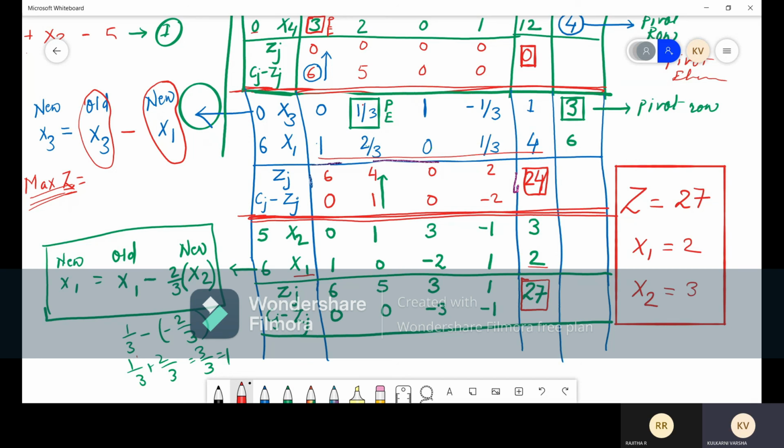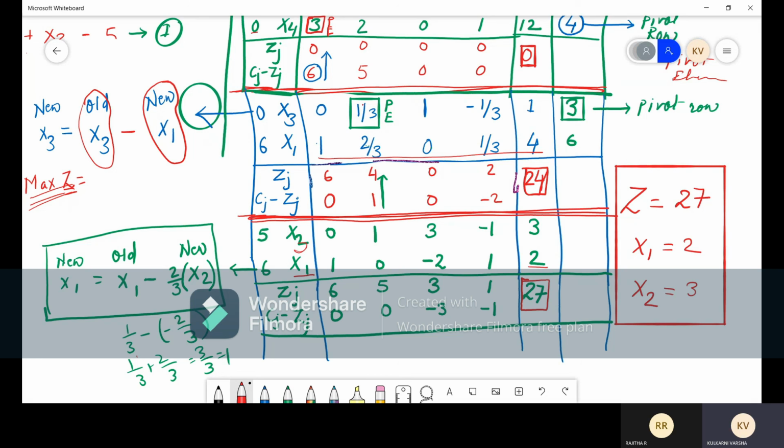So we got x1, x2. Suppose in the last iteration we have x1 but we don't have x2. If we have x3 or something like that, then what will be the value of x2? 0. That's all. You don't have to check previous iterations anywhere for x2. If there is no x2, if instead of x2 it is x3, then x2 will be 0.